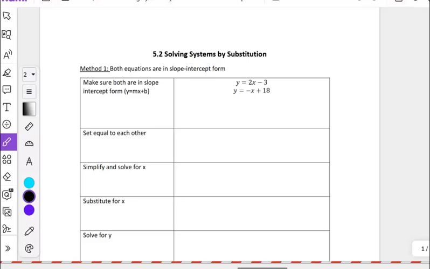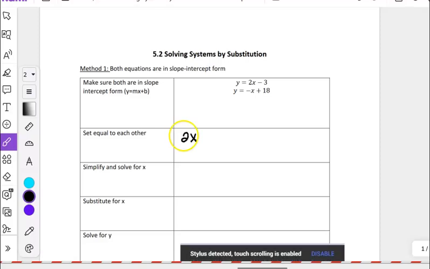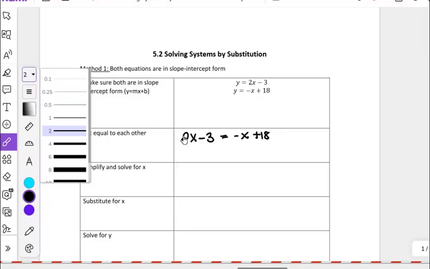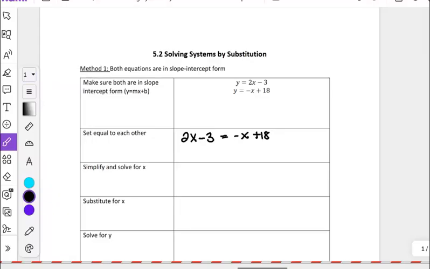So we're just going to put 2x minus 3 equals negative x plus 18. So that's the first step. Then we've got to simplify and solve for x. So I have 2x minus 3 equals negative x plus 18.